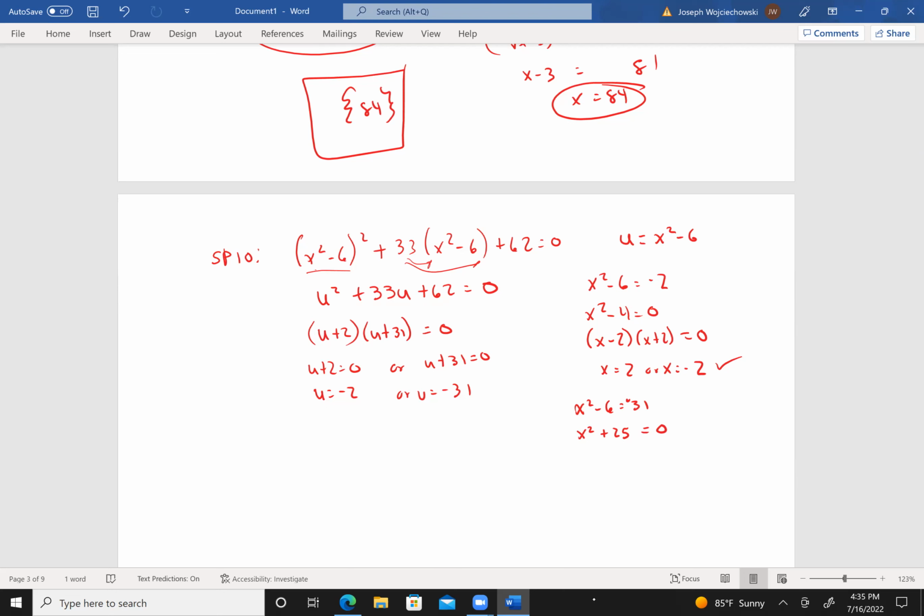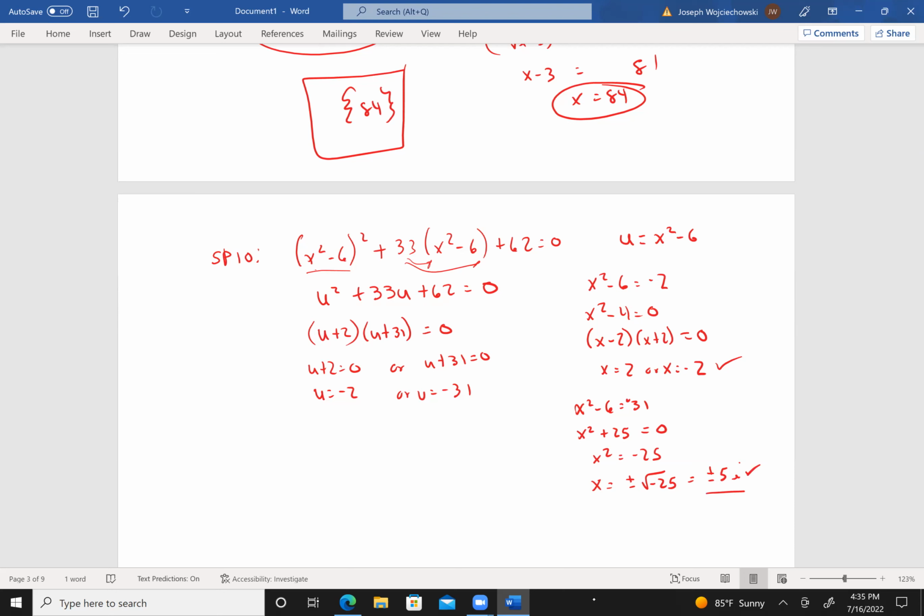And here's the weird thing. Now we go back to accepting i. So if we rewrite this as x² = −25 and take the square root of both sides, we get x equals plus or minus the square root of negative 25, which is plus or minus 5i. And it's accepting those.